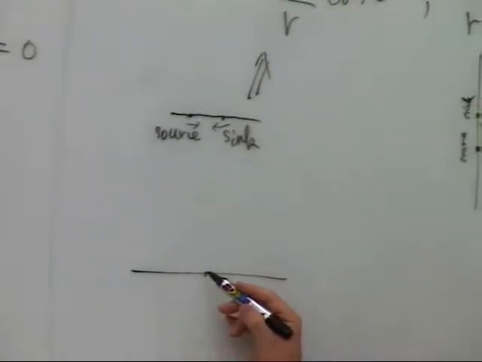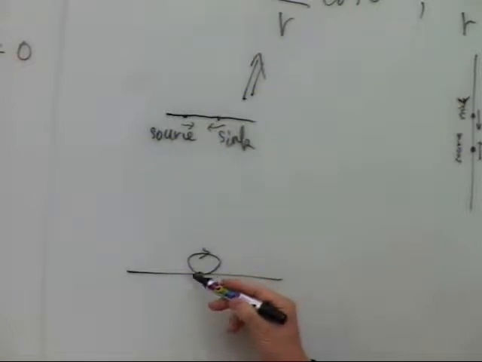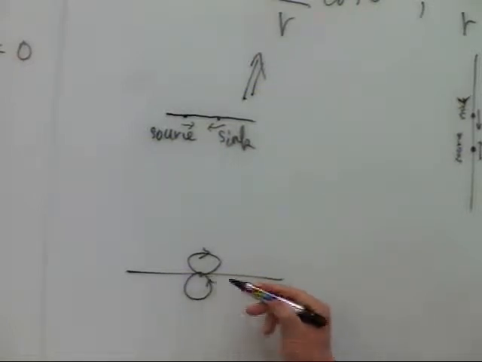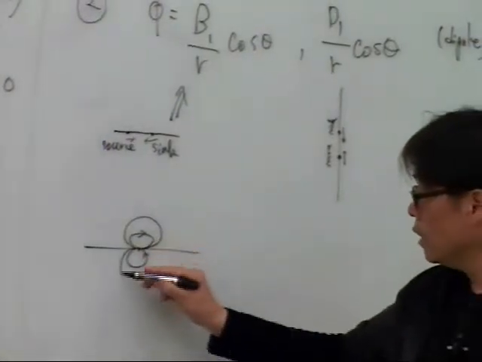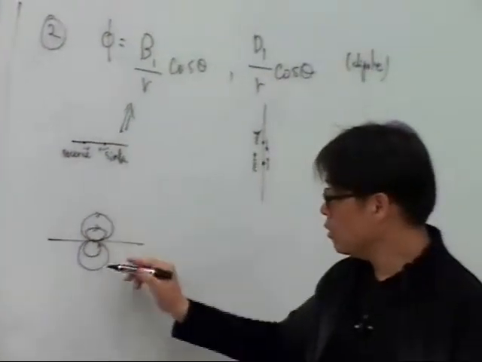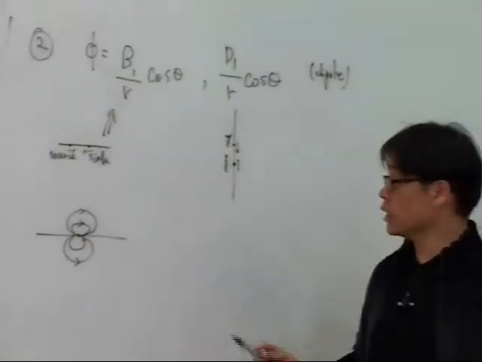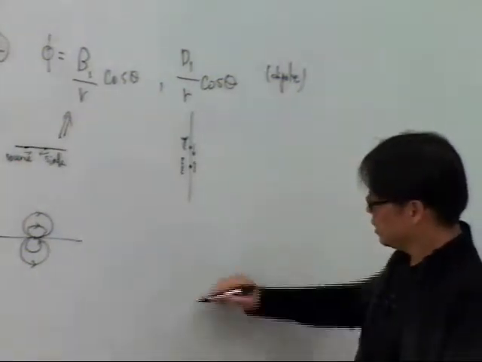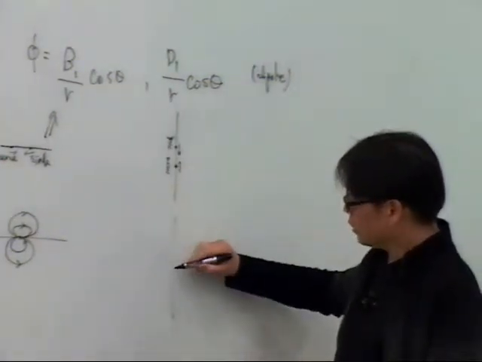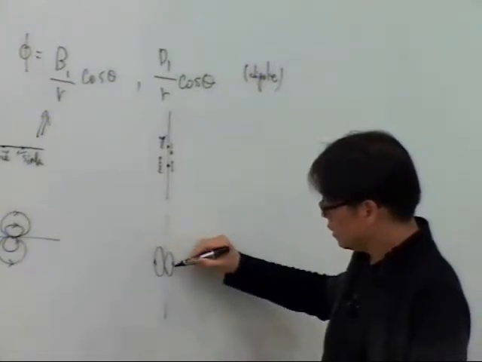On your left-hand side, you have the source, and you have flow coming out and going back to the sink. So that's the flow pattern of a dipole. When the source is sitting here and the sink is sitting here. On the other hand, if you have a source at the bottom and the sink on the top, then you generate flow like this.